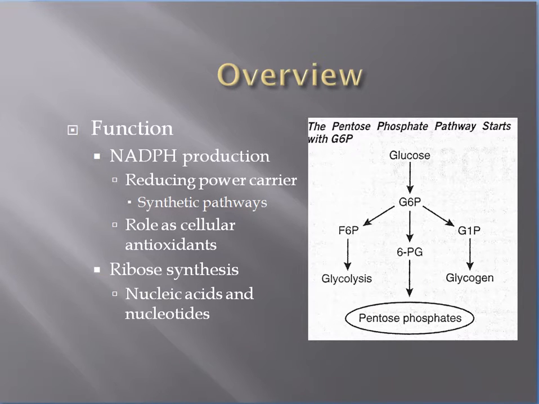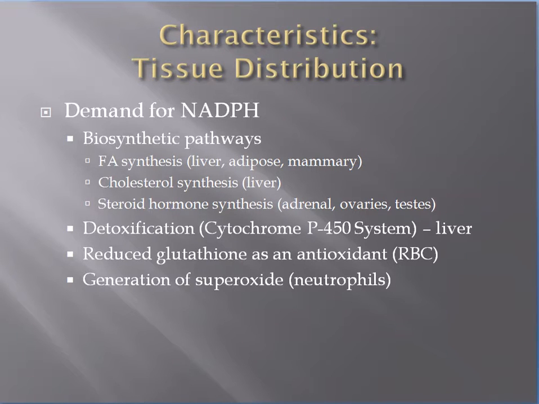The functions are NADPH production as a reducing power carrier for synthesis pathways, a role as a cellular antioxidant, and the biosynthesis of nucleic acids and nucleotides. The tissue distribution reflects the demand for NADPH: fatty acid synthesis occurs in the liver, adipose tissue, and mammary gland, and cholesterol synthesis in the liver.